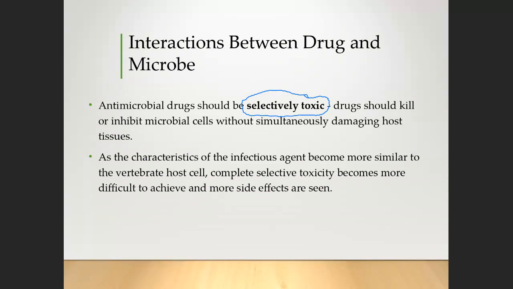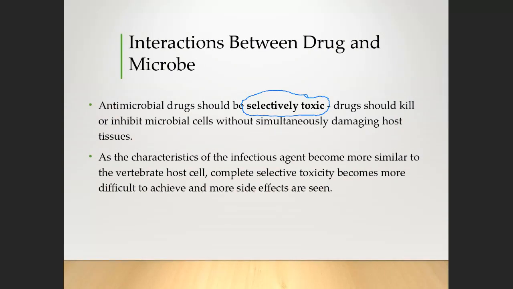So the target that is used for the medicines is going to be easier to use for bacteria, because they have different conditions, a different type of cell compared to the human body.